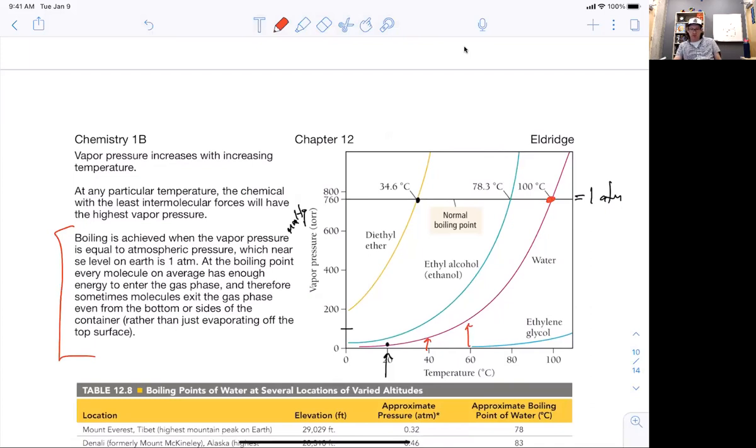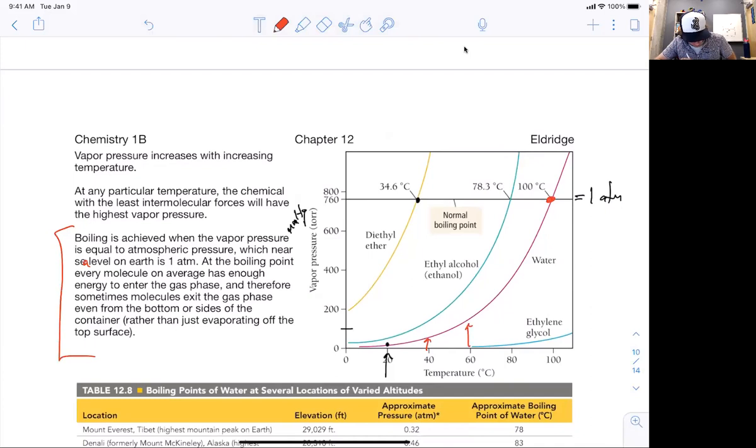Boiling is achieved when the vapor pressure is equal to the atmospheric pressure, which near sea level on Earth is 1 atmosphere. So again, if we were on a different planet, the pressure would be very different. Water wouldn't boil at 100 Celsius anymore. If the pressure was higher, it would boil at a much higher temperature.